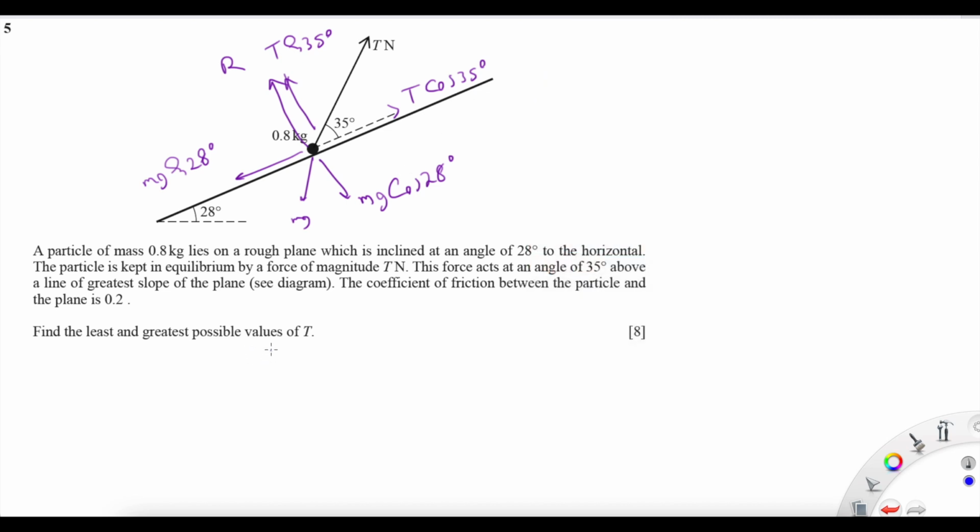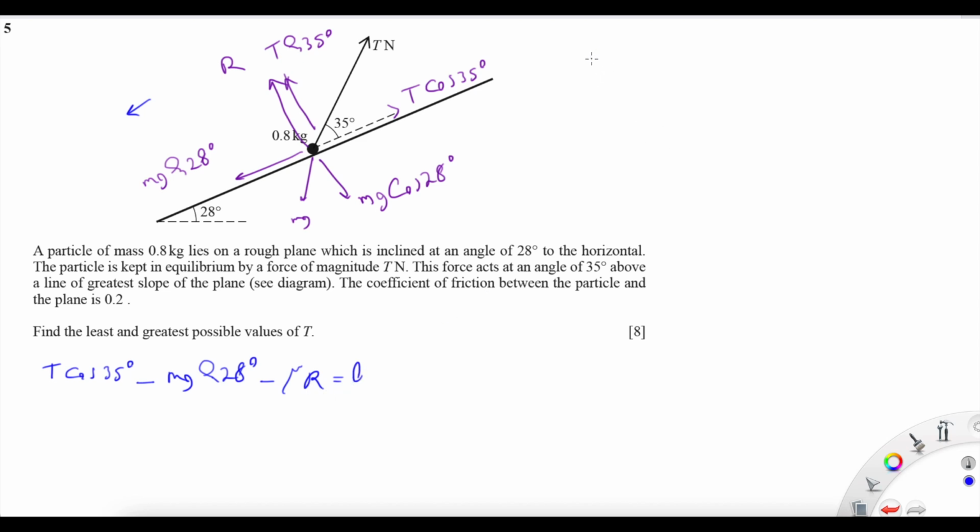Now, the maximum case is the case when the object is about to move upwards, so friction has the opposite direction, this direction. So if I write Newton's second law, it will become T cosine of 35 minus mg sine 28 degrees minus friction, which is mu R, is 0.